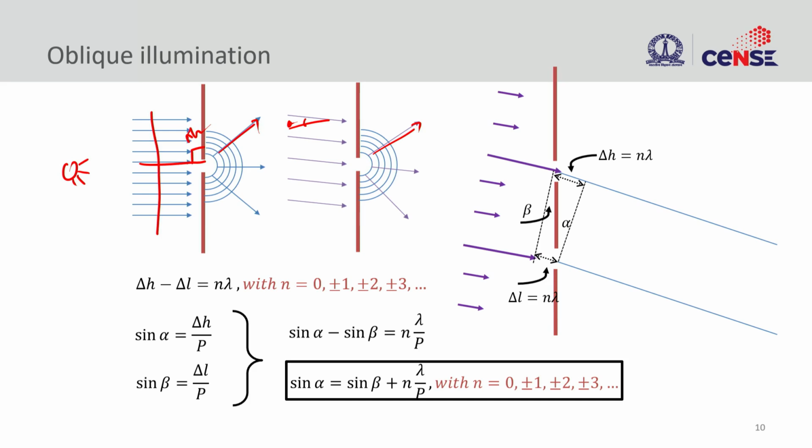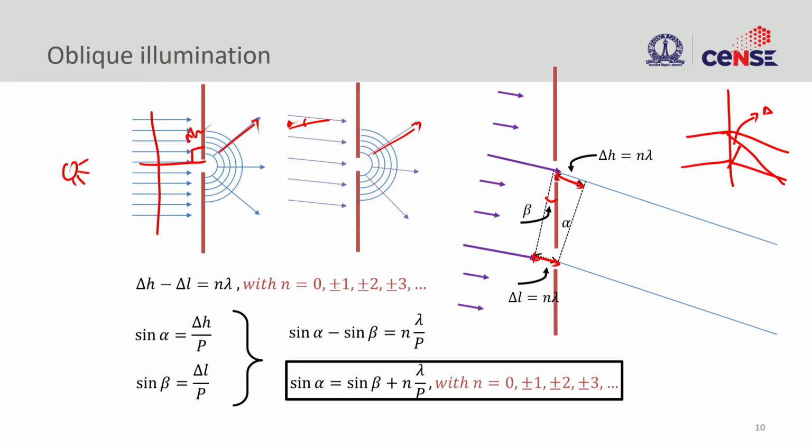If you remember, in the normal incidence we had a situation like this, where we said, and this is your delta, the additional distance the wave should travel before interfering. But in this case, we have two path length differences because both of them are at a slightly different angle.